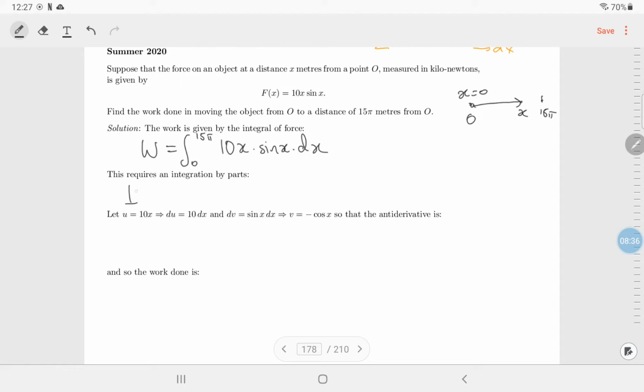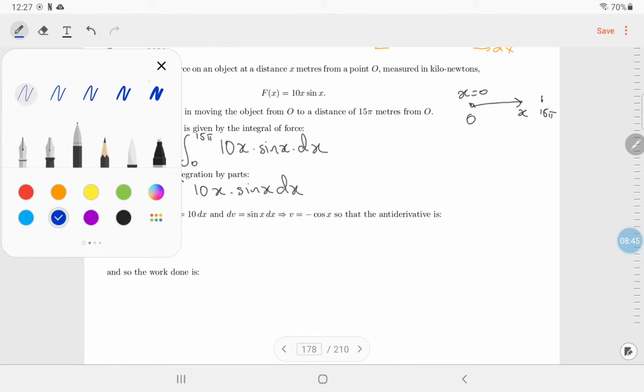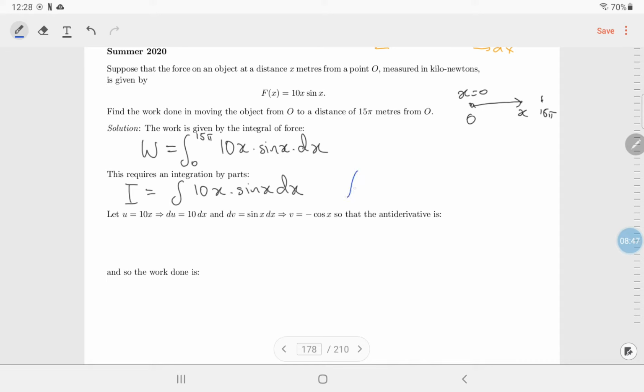So we're going to look at the antiderivative of 10x sine x dx. Now, if we're doing integration by parts, we'll write down the formula, which says the antiderivative of u dv is equal to uv minus the antiderivative of v du. You could take the 10 out as a constant, either at this point or in the line above when you write down the work, but we'll just run with it.